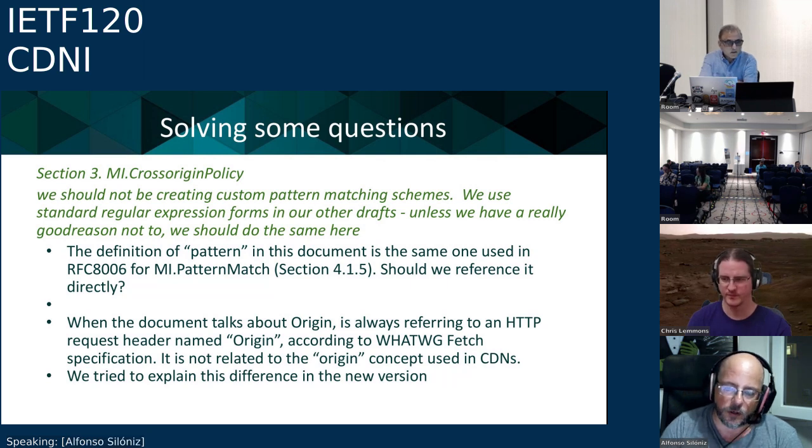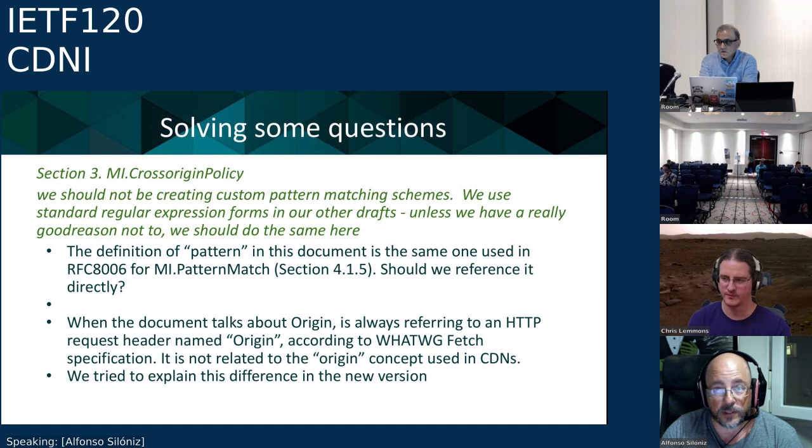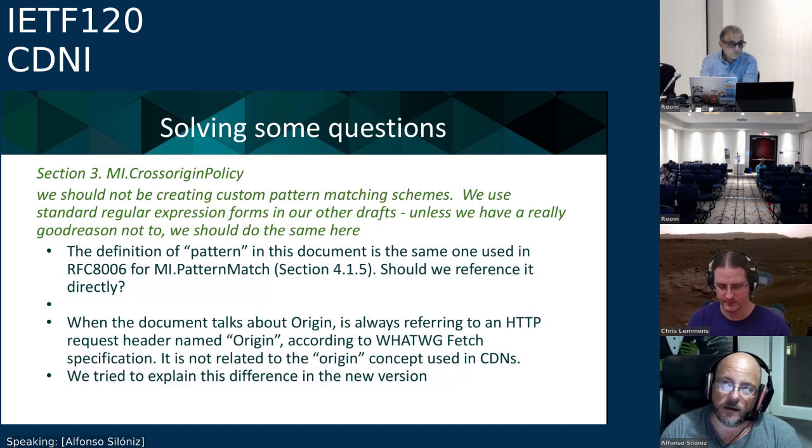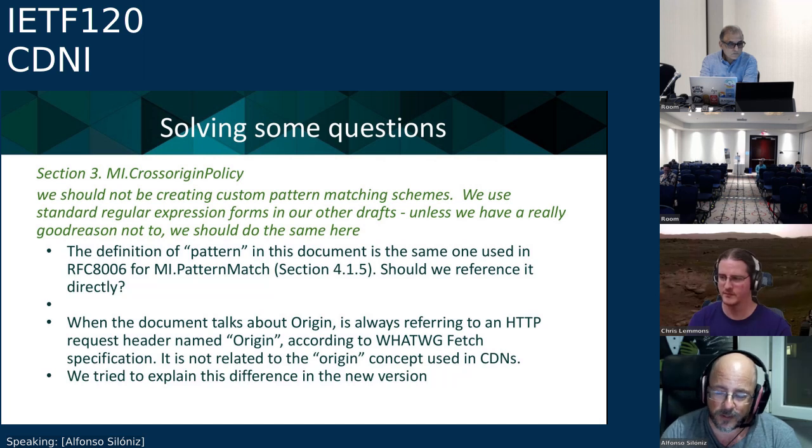There is this allow origin list property in the cross origin policy object that includes a pattern, and the definition in the draft is exactly the same as the definition of the pattern match in RFC 8006. I understand the comment from Kevin Ma was that we should try not to create definitions of different pattern structures.